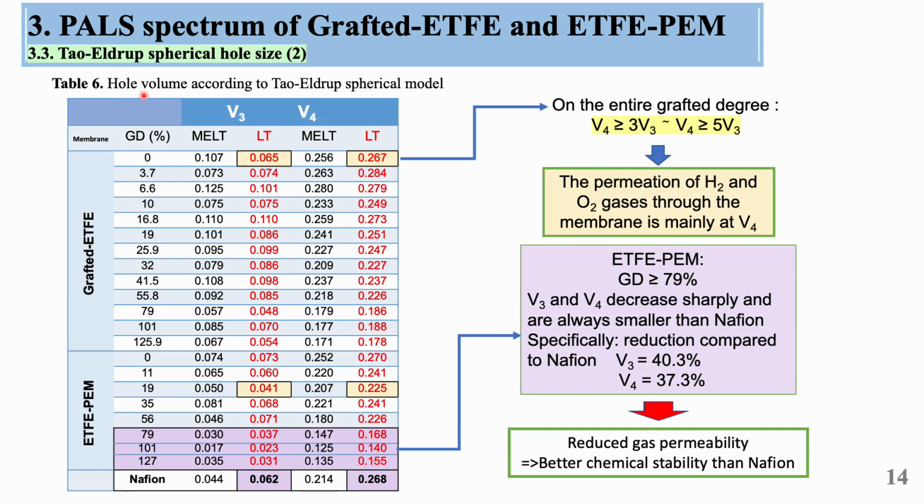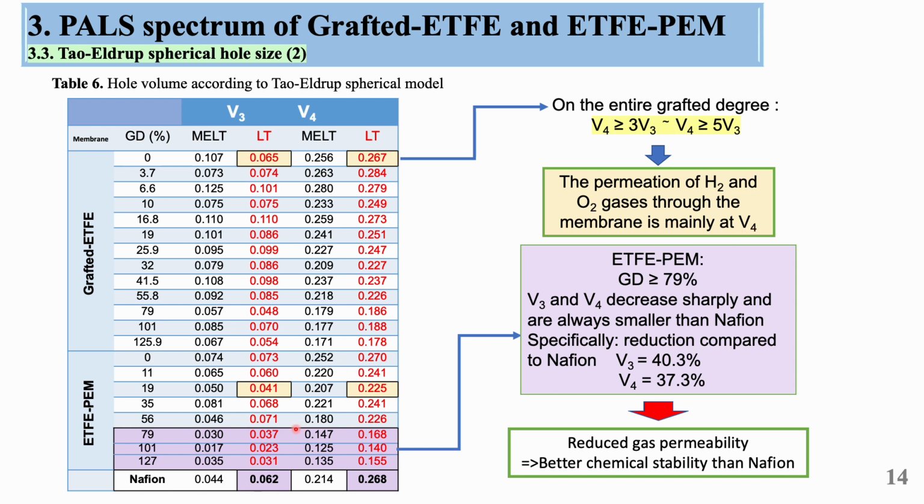Table 6. Hole volume according to Tao-Eldrup spherical model. On the entire grafting degree, V4 is 3 to 5 times larger than V3, so the permeation of hydrogen and oxygen gases across the membrane is mainly through V4.